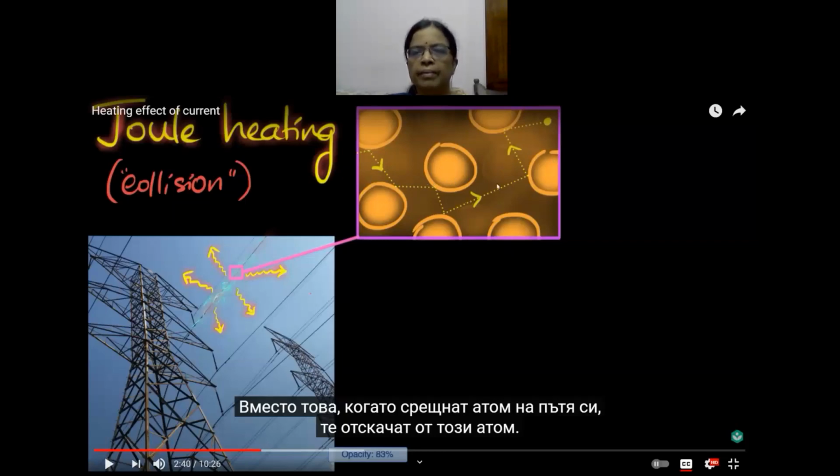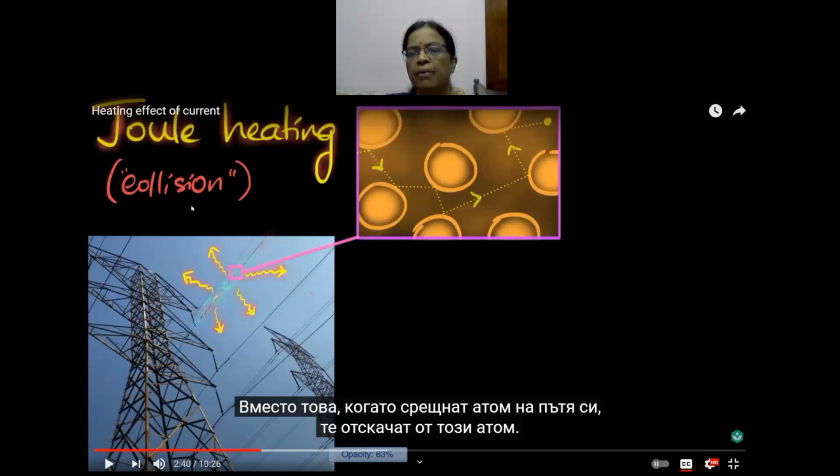When current flows through this wire, potential difference is applied, and electrons begin to move in a direction opposite to the direction of the electric field. That we have seen. And during its motion, what happened? Collision happened. Heating effect is due to this collision.